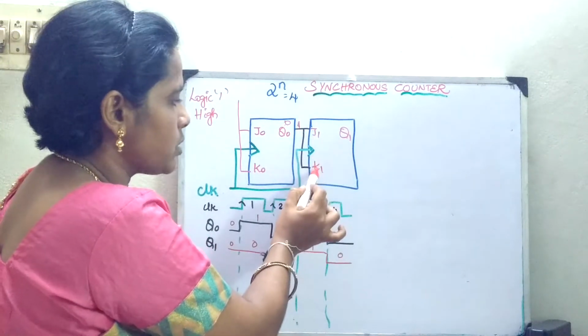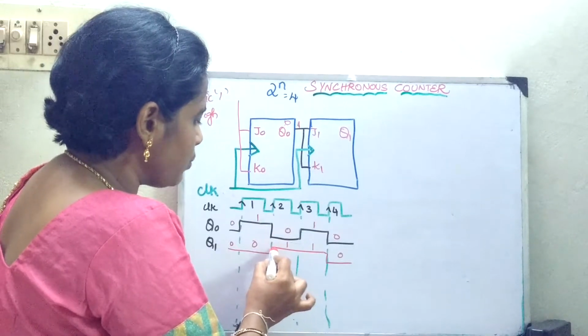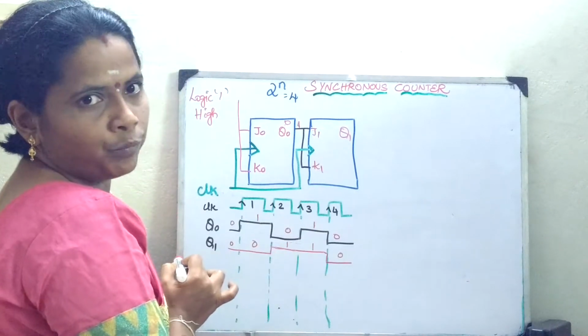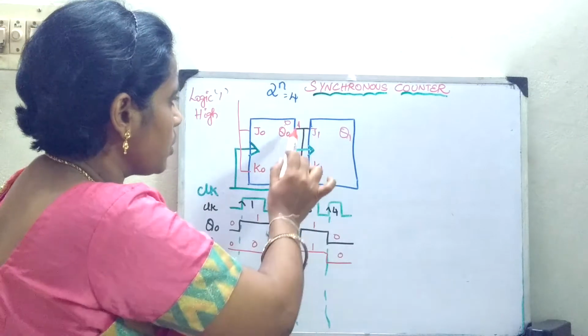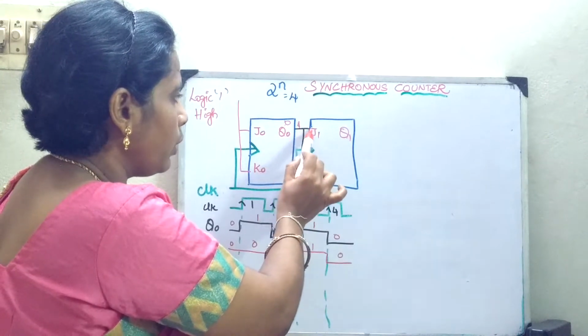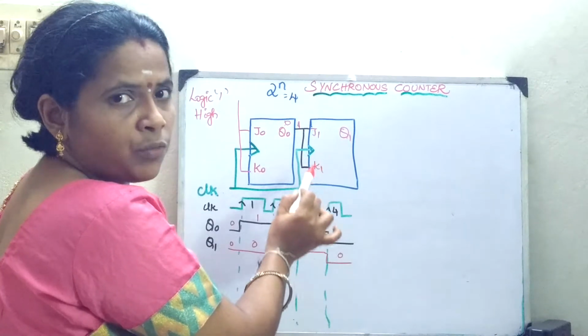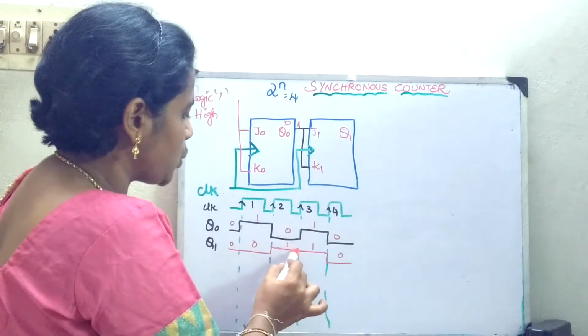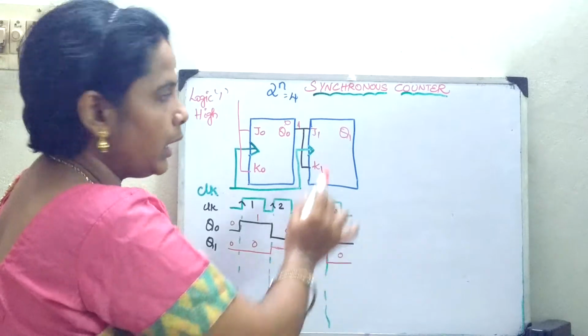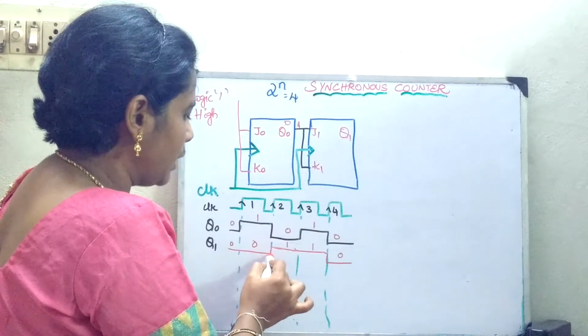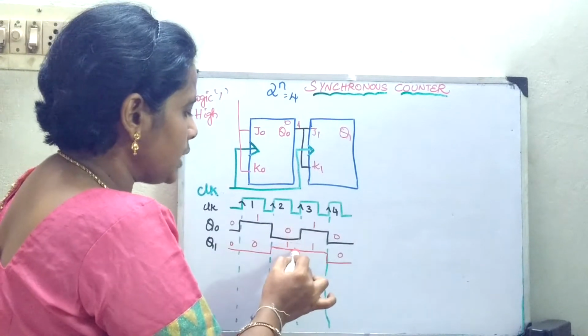So when 1 comes here, it changes from 0 to 1. With 1, 1 reaching it, it toggles and changes to 1. So we have finished up to this waveform.